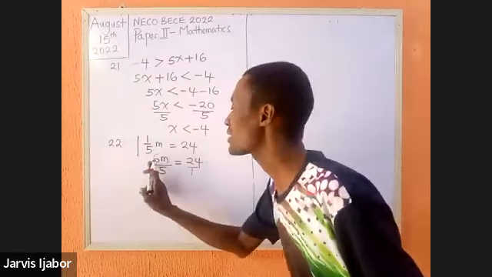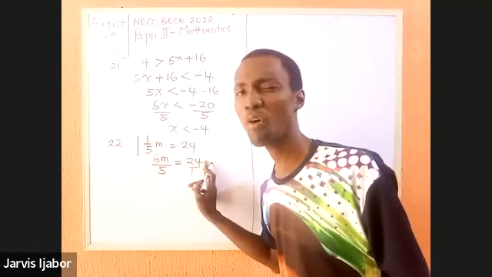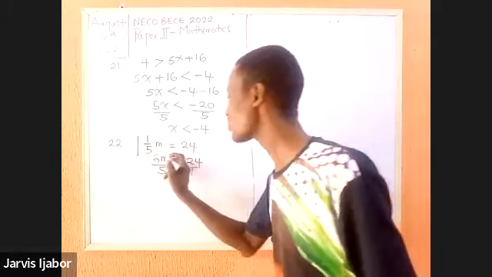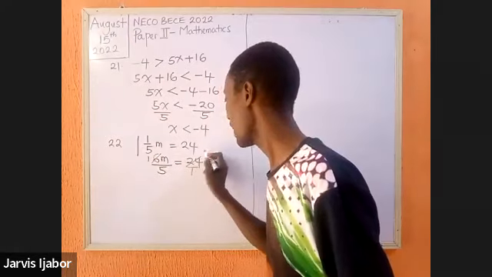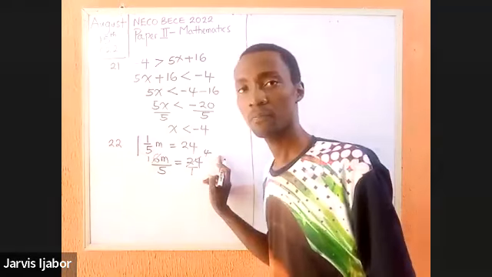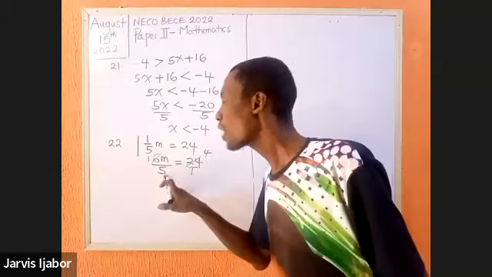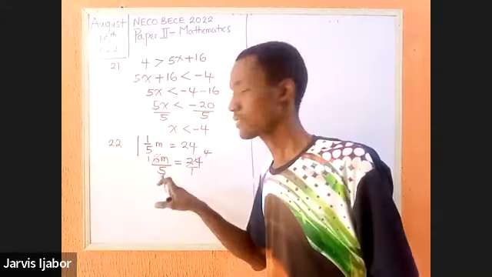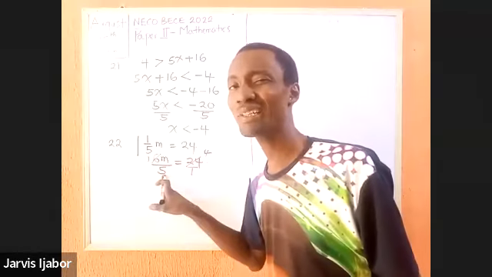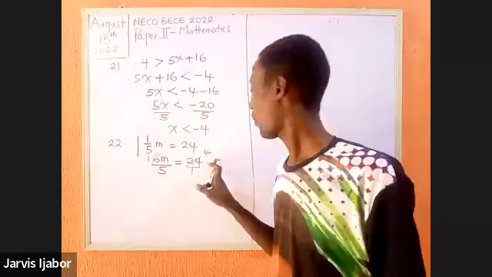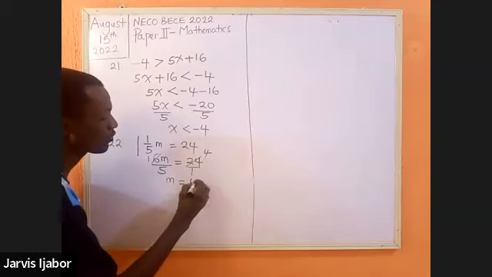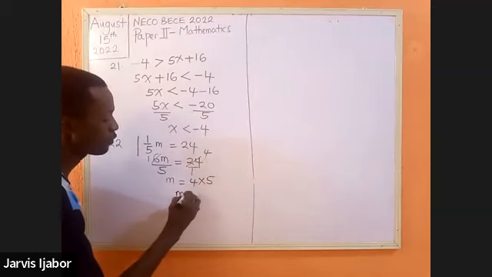Now, if you look at 6m and 24, there's a common factor. The highest common factor I can see is 6. So I cancel out immediately: 1 and 4. So I'm going to have m over 5 equal to 4. What is dividing m? It is 5. If it is dividing on the left-hand side, it will multiply on the right-hand side. So technically, m will simply be equal to 4 times 5, and m will be equal to 20.